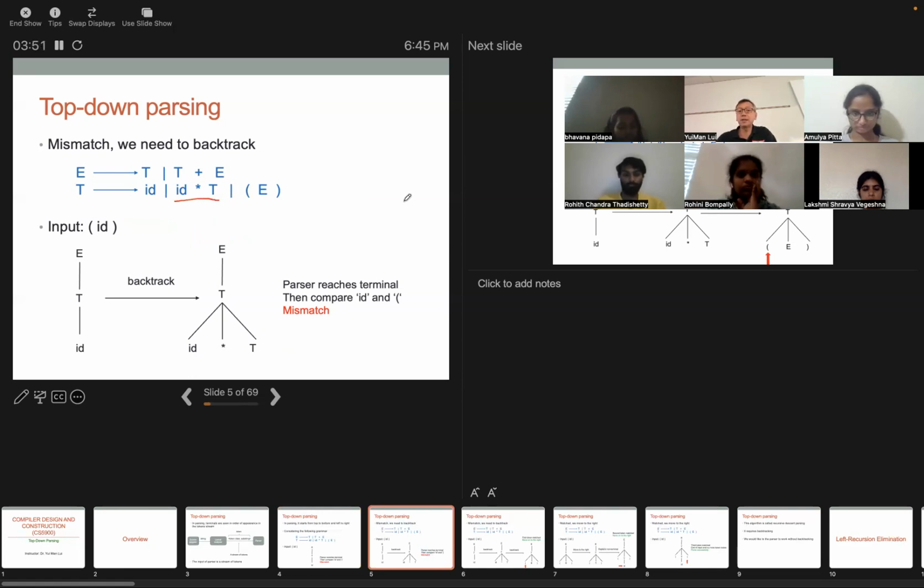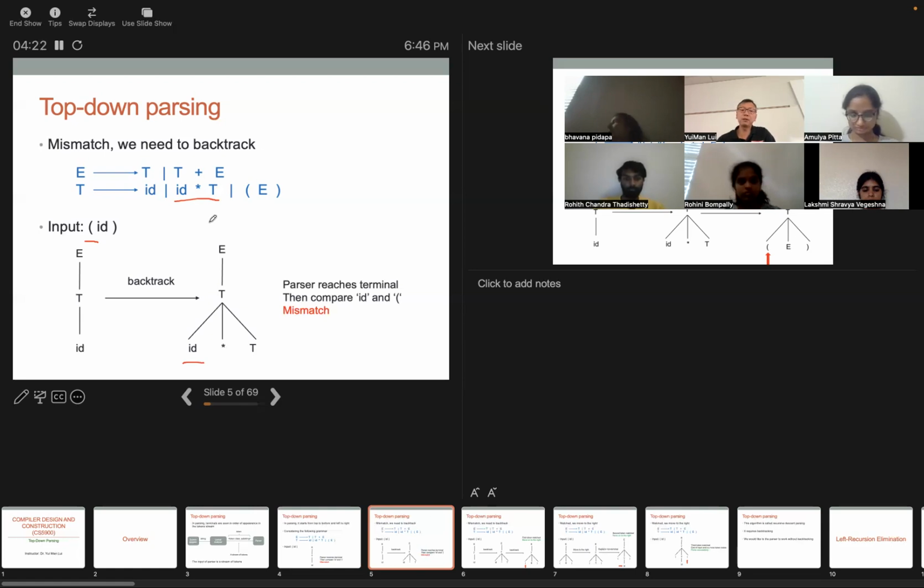So now T is expanded by ID times T. ID is a terminal, and we match it with the first character of our input, which is a left parenthesis. They do not match, so it is a mismatch. Make sense?